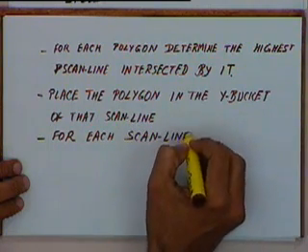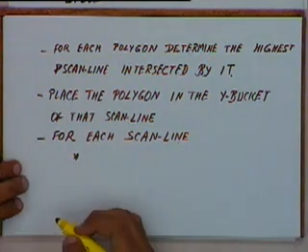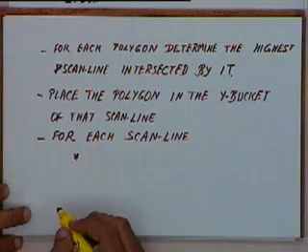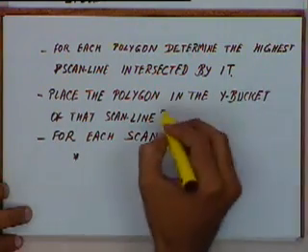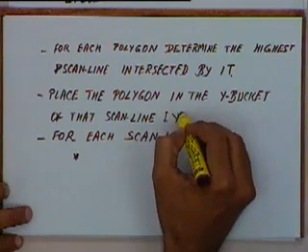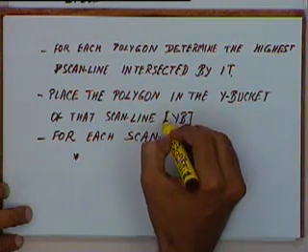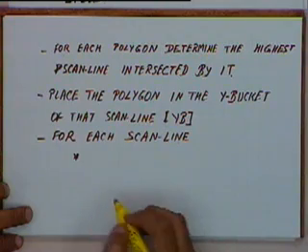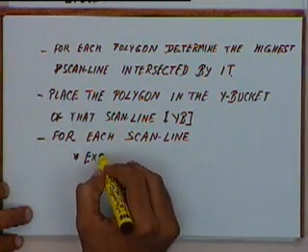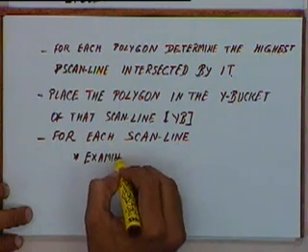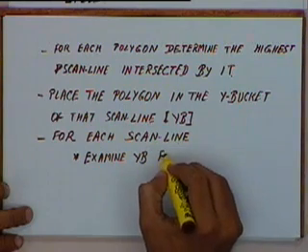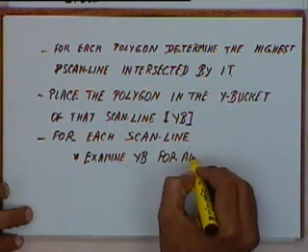Then for each scan line, let's say I call this array the Y bucket, yb, we'll examine the Y bucket for any new polygons.